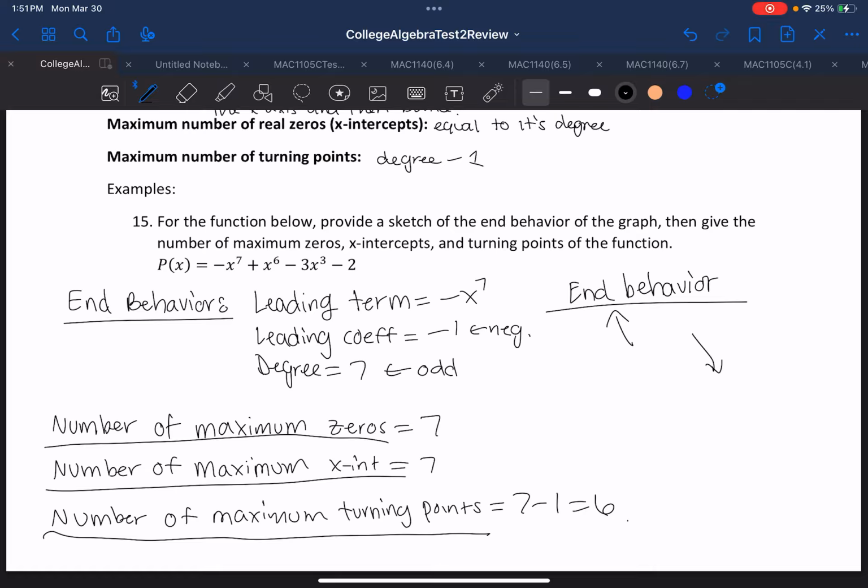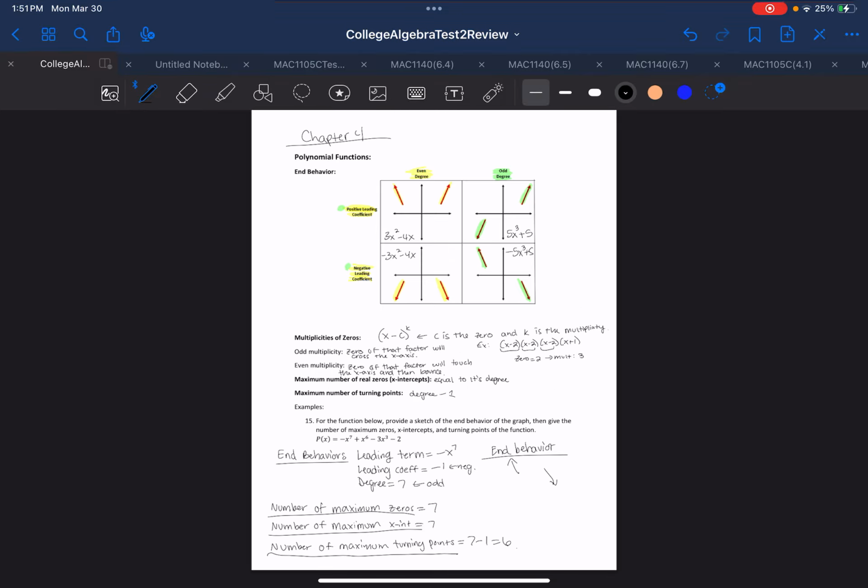Okay. And so you'll have a question like that on the exam for sure. Well, most of these that I'm doing, there will be on the exam. So, but this one's not too bad if you know these rules.